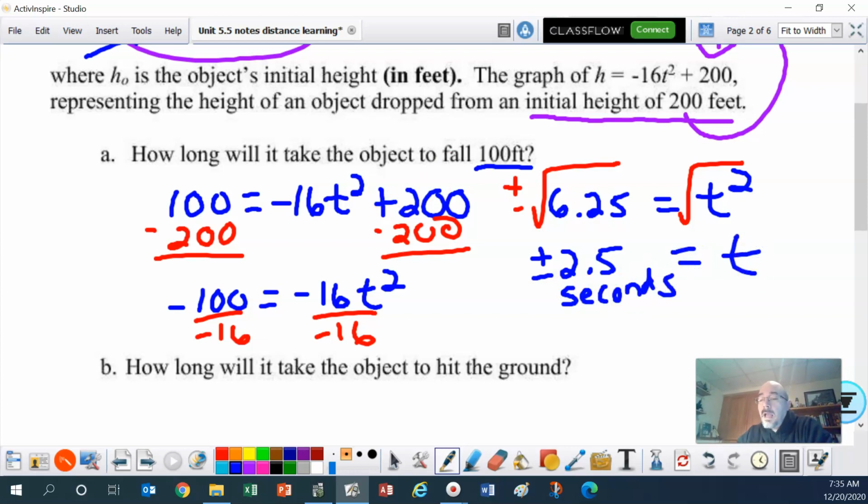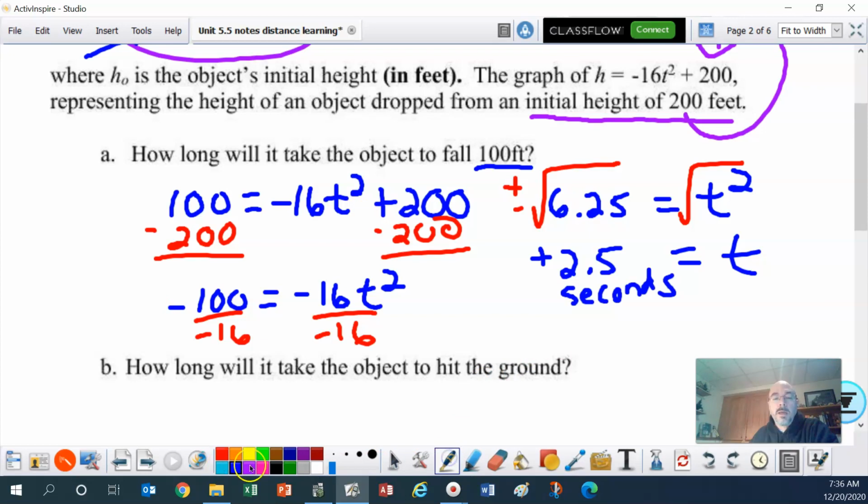So the time is positive or negative 2.5. Well, it can't be both. It can only be the positive, because you can't have negative time, ladies and gentlemen. If you could figure out how to go backwards in time, that would be pretty cool. But we're going to take away the negative, so it's the positive only.